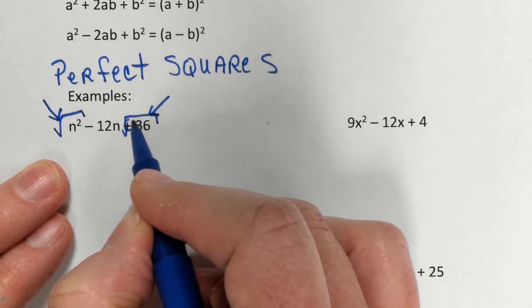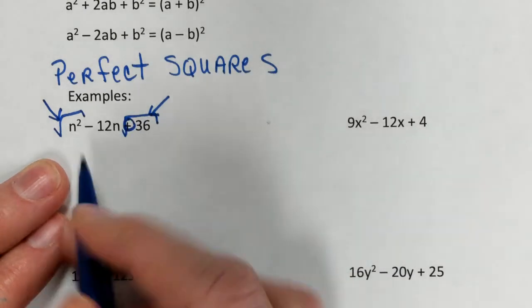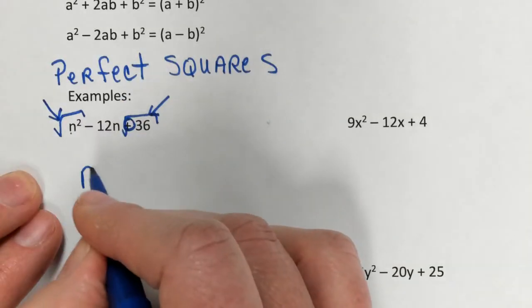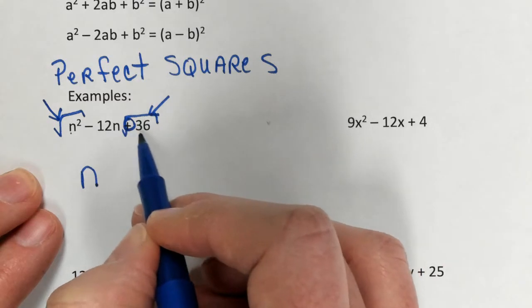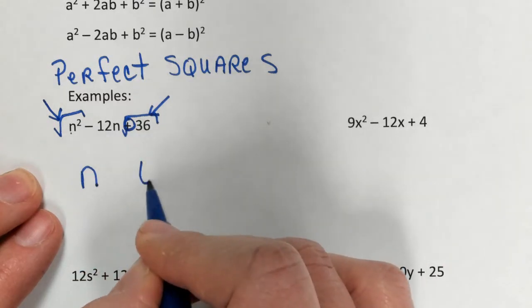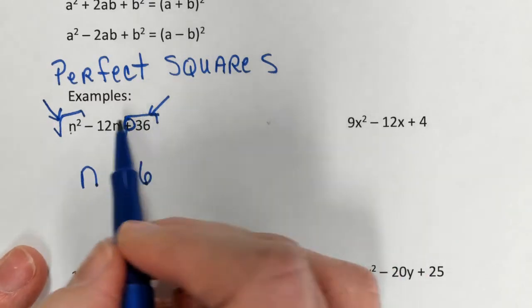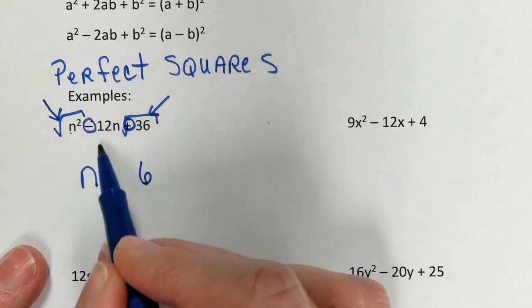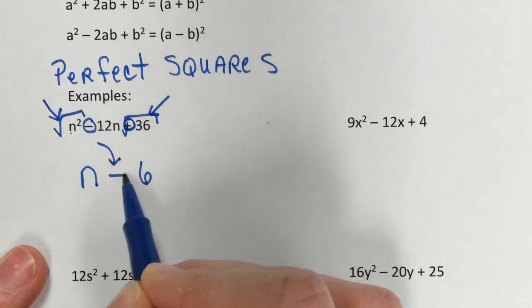Also remember, this has to be adding. So the square root of n squared would be n. The square root of 36 would be 6. Now because this has a minus sign, we would put a minus sign right here.